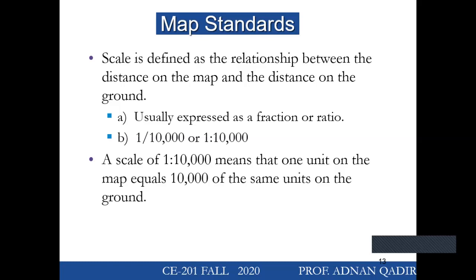You would have to use a 1 meter paper, and even then every piece of information could not be gathered on one paper. So be logical. So 1 to 10,000 means maybe 1 centimeter, 1 millimeter, or 1 inch, representing the same equivalent unit on the ground, right?